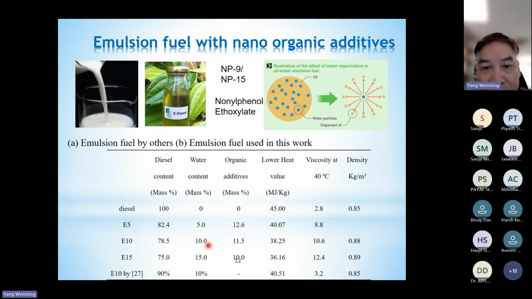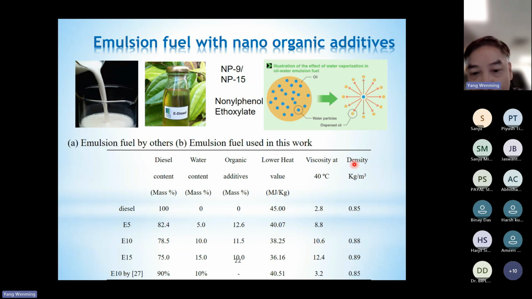So with the increase of water percentage, the heating value will drop, correct? And the viscosity increases. Diesel fuel viscosity is 2.8. E5 is 8.8 and E10 is 10.6. E15 is 12.4. So the viscosity increases with the increase of water percentage and surfactants.